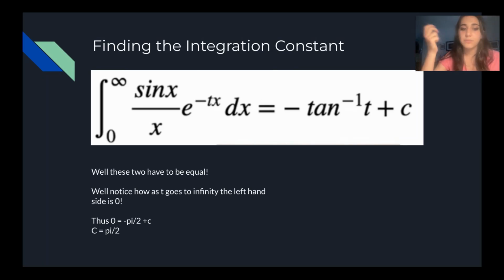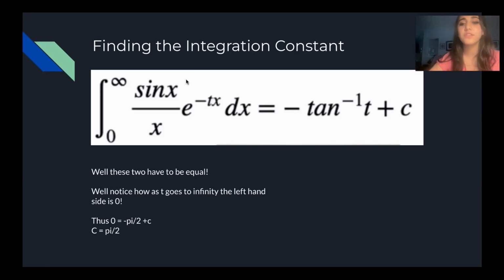And what's super amazing about this is the trick that we need to notice: as the limit of t goes to infinity, what happens on the left side is this will become 0, making all of this become 0. And in addition, as t goes to infinity, the negative arctangent of t will become negative pi over 2.